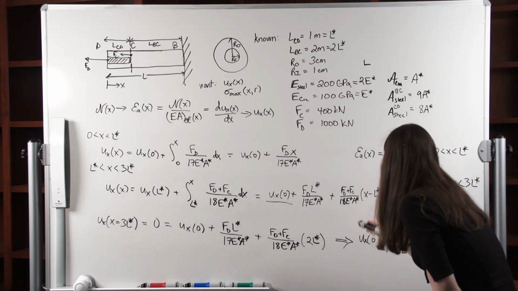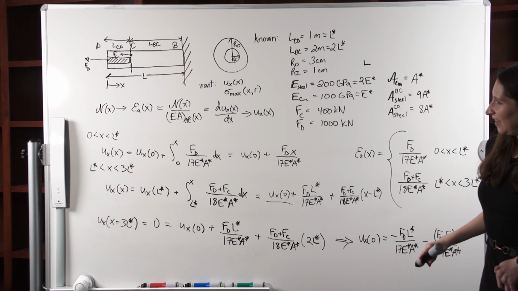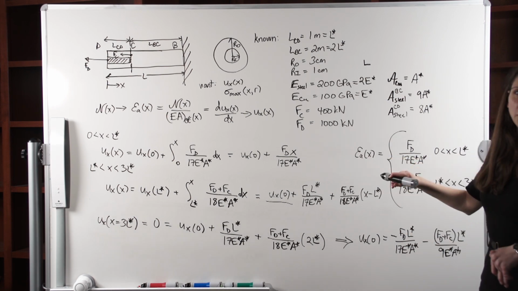Okay, so let's just leave that in that form for now, and we'll keep it over here. And then let's finally write down our final expression for ux of x.